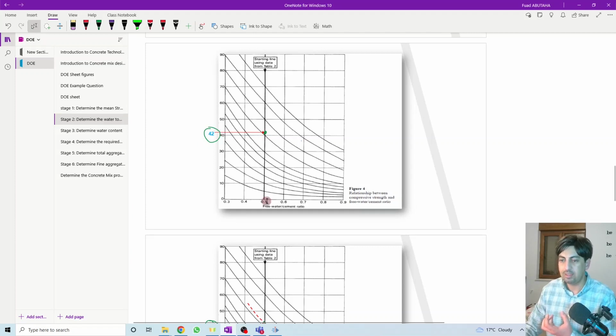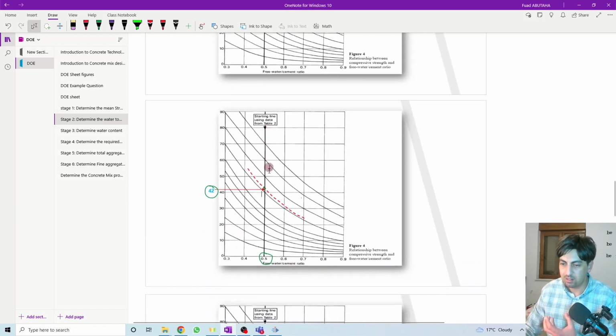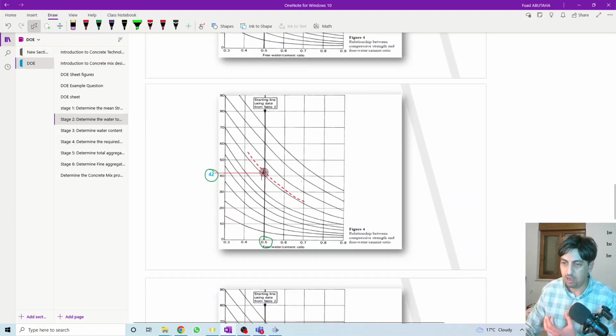So we draw the line here, draw the line here, we get this point. Then we start to draw a line passing through this point, which is similar and parallel to this line. This is how it would be, the red line.